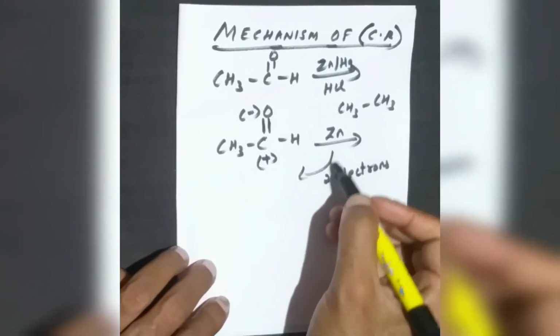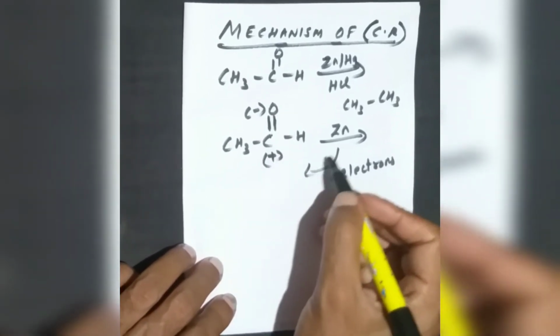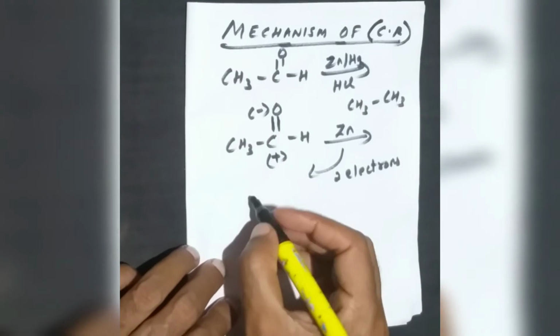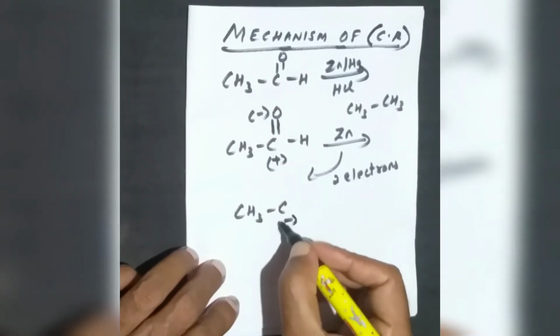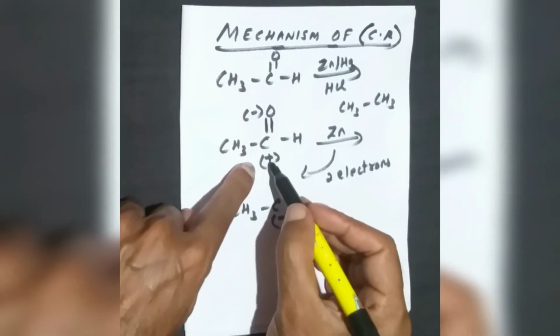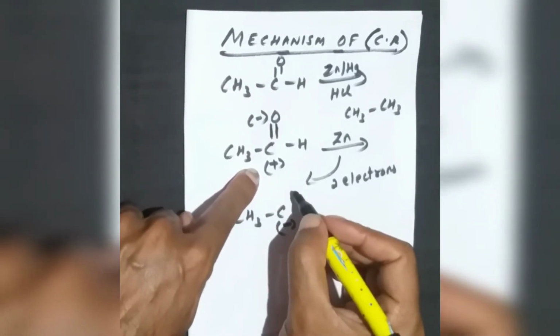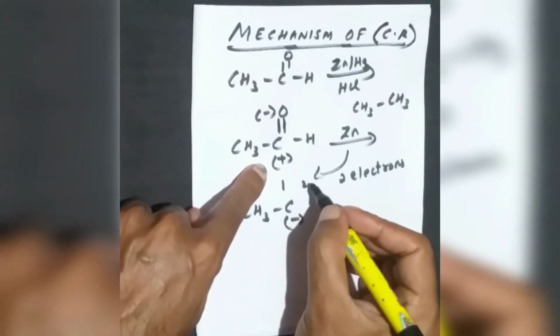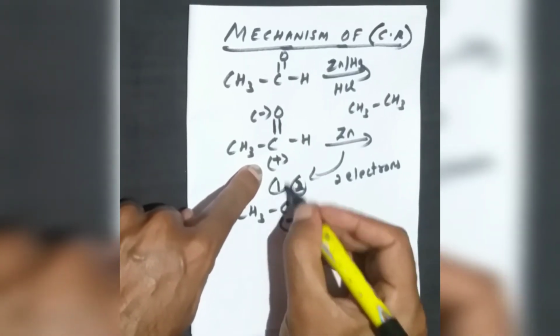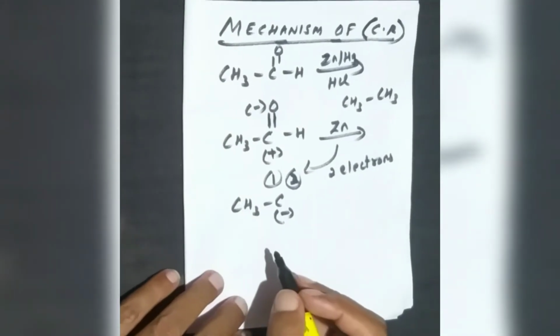When the zinc donates electrons to this carbon, it lost 1 electron and now it is gaining 2 electrons, so net it will have a negative sign.